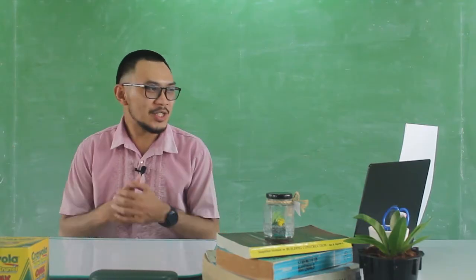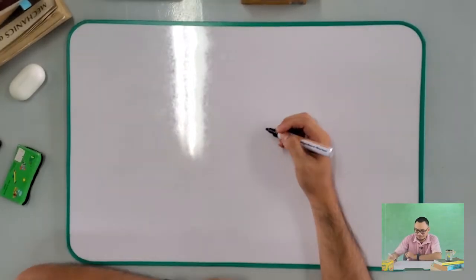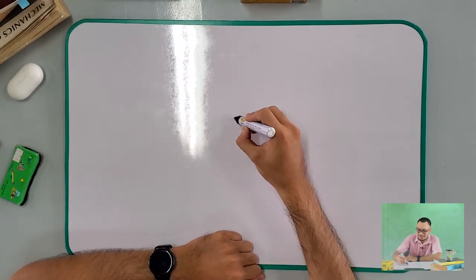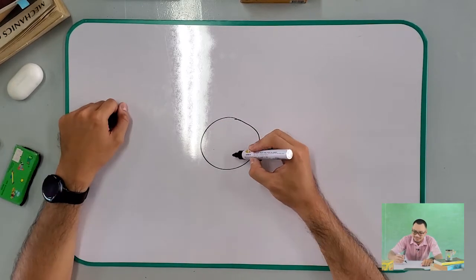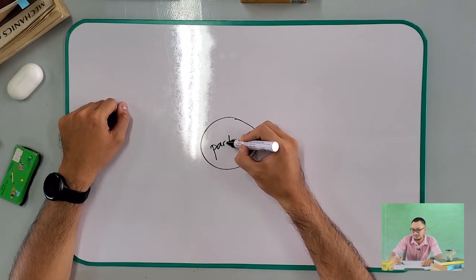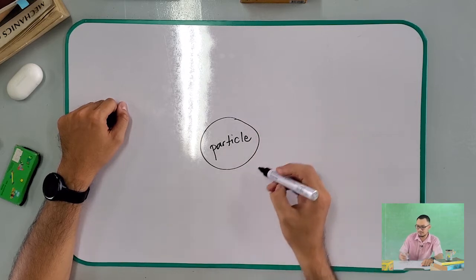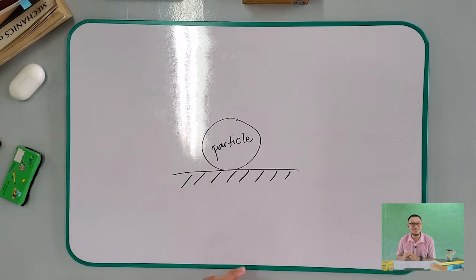Unsa may pasabot ana? Okay. So atong i-figure out unsay pasabot ana. We have a body, let's say this one is a particle. Naa siya diha sa atong surface.